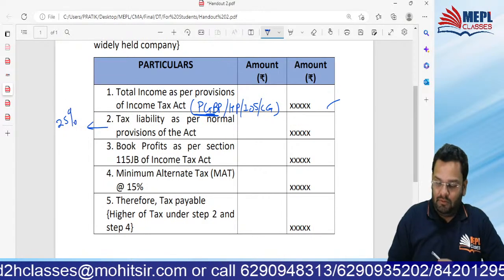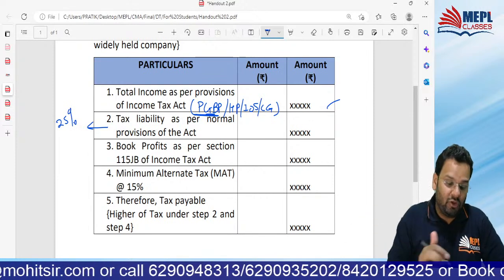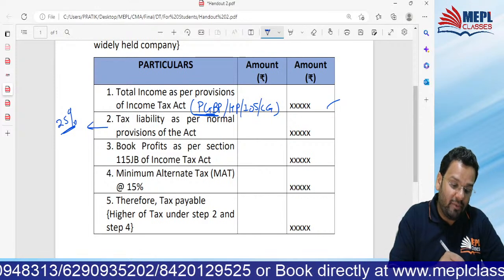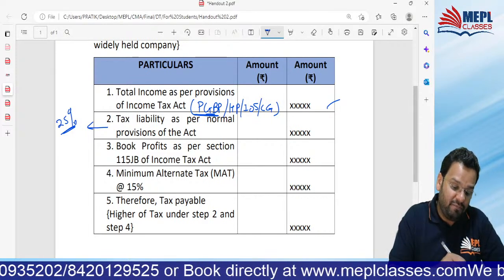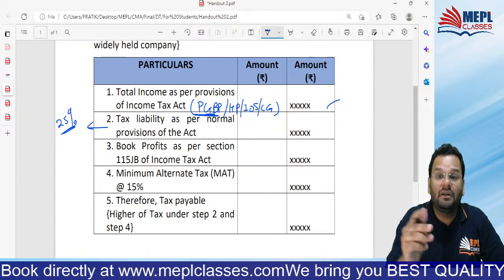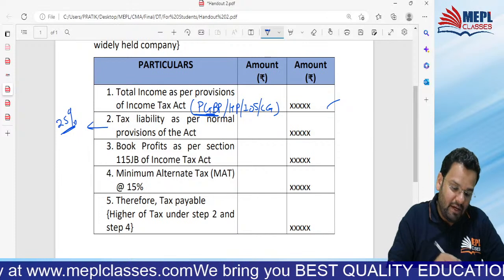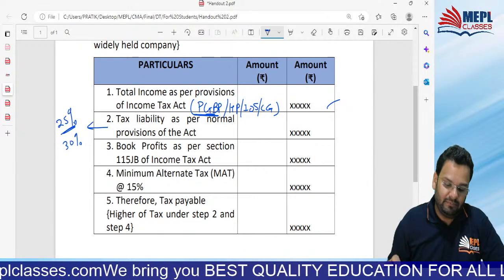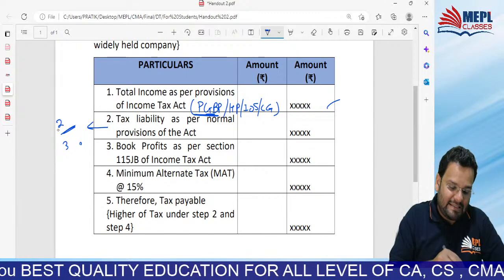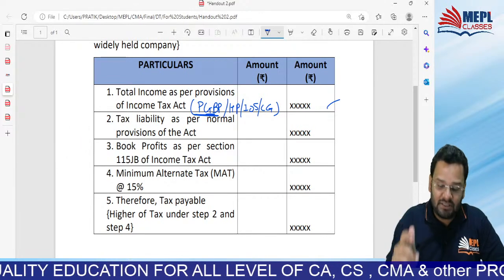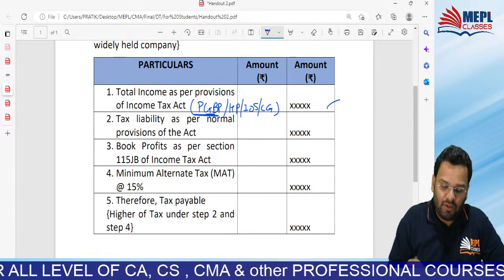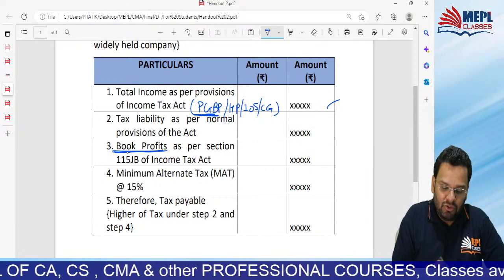I'll give you the detailed chart of tax computation, the tax rates, tomorrow. But for domestic companies, it is 25% if turnover is less than 400 crores in 2021, and otherwise it is 30%. So we'll calculate that tax liability in the second step. Third step, you calculate book profits as per section 115JB.